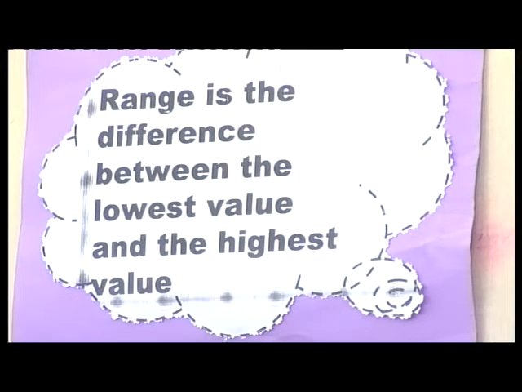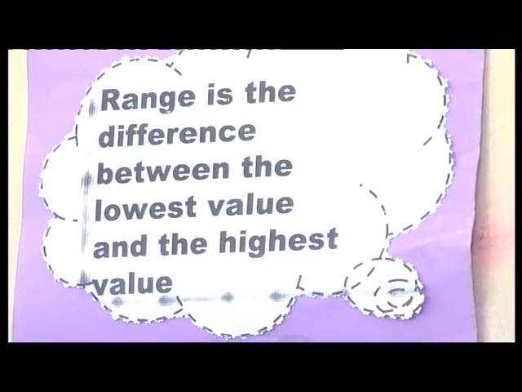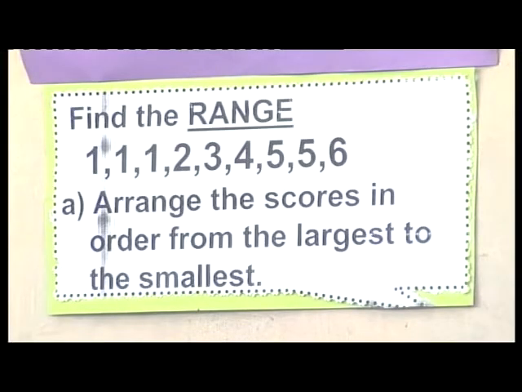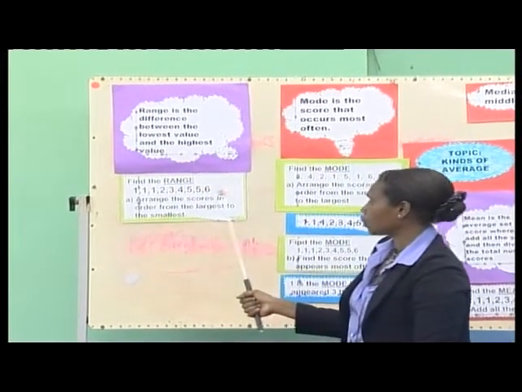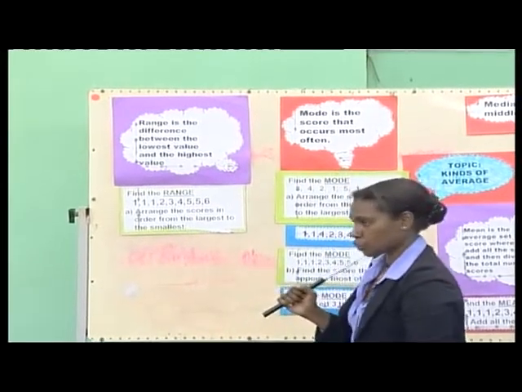Looking at those numbers, which of the score is smaller or the lowest number? Firstly, in order to work that out, we are to arrange the numbers again in order so that it will help us find the range. Now, class, looking at these scores, what is the highest score?